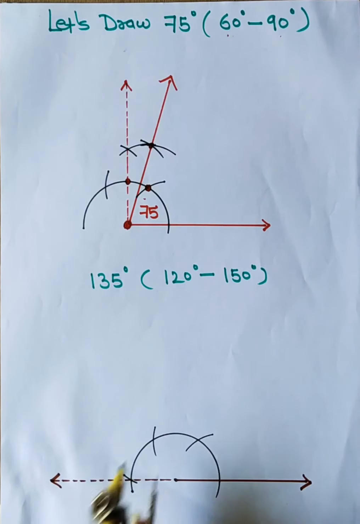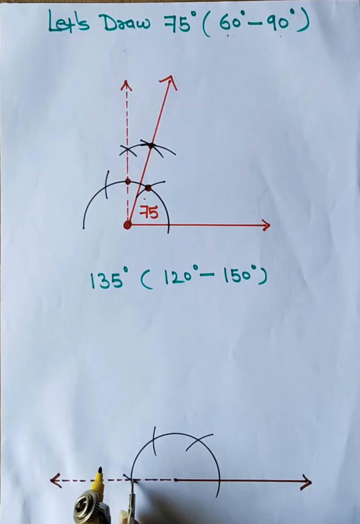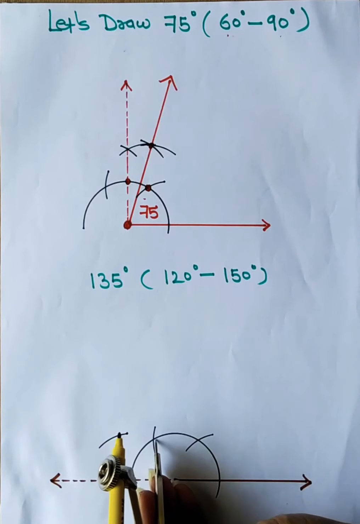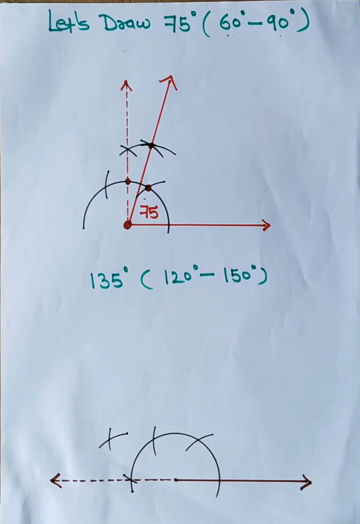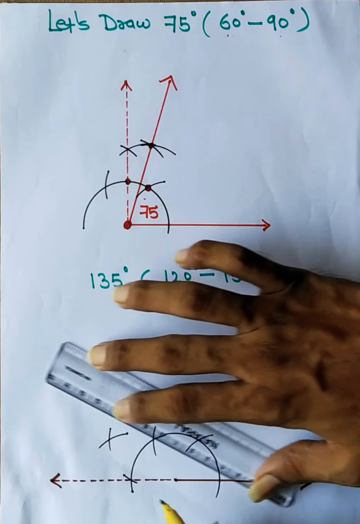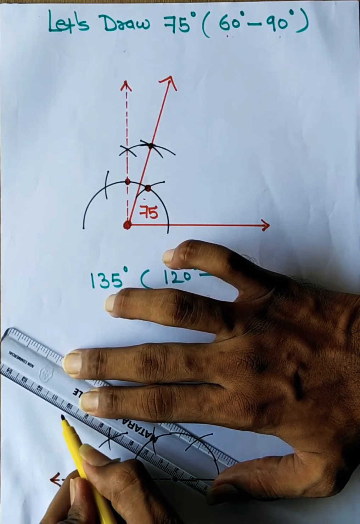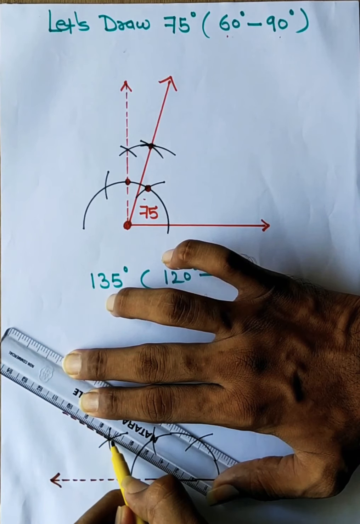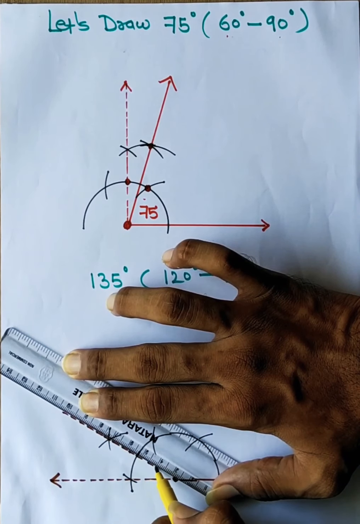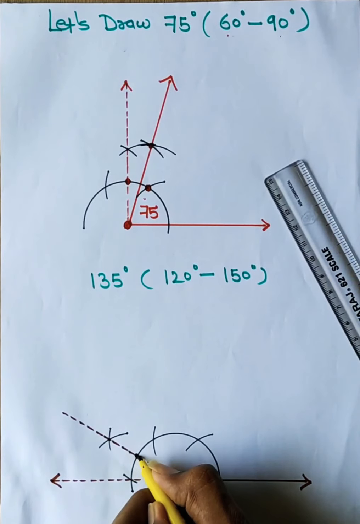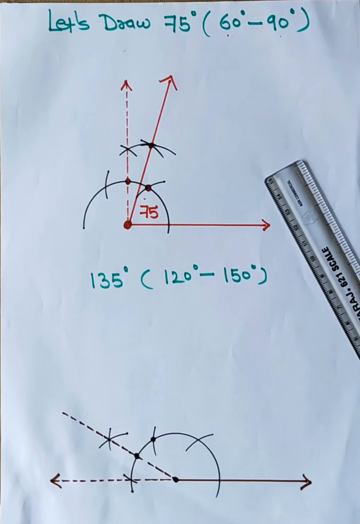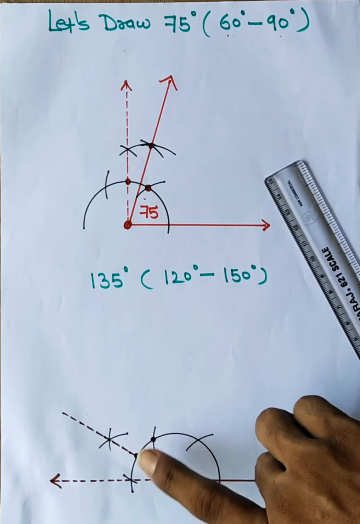So let us obtain 150 in between 120 and 180, keeping the same arc. And we don't want 150, so again I'm drawing a dotted line. So to get this point of 150, here it is 120, so I got both the points 120 and 150.